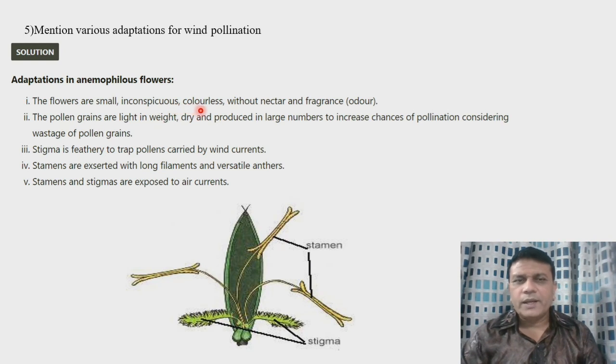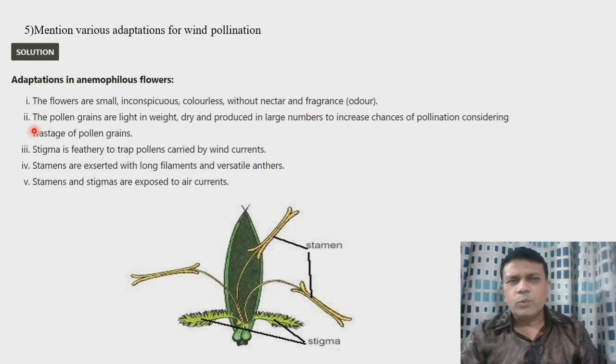Then they are colorless, without nectar and fragrance, or it is called as odor. Then the pollen grains produced are light in weight. Then they are dry and are produced in large numbers so as to increase the chances of pollination, considering the wastage of pollen grains.